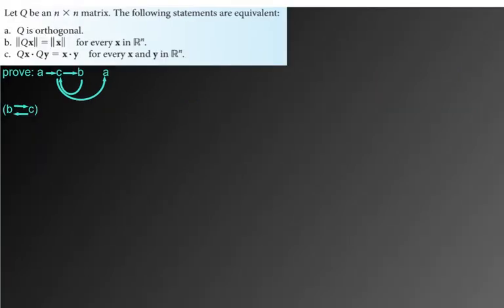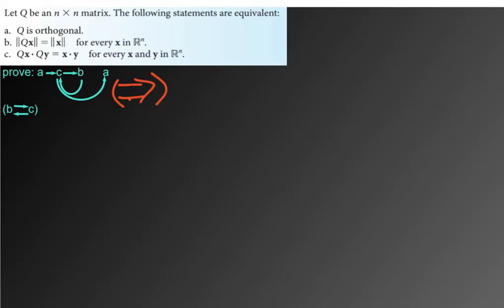All right, so now I'm going to show B and C are equivalent. I'm going to start off by proving B implies C. I'm going to use a weird identity here.